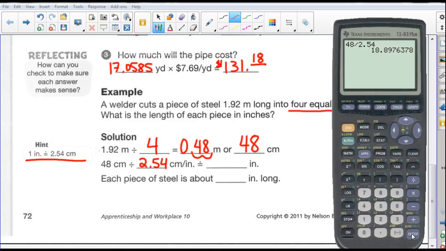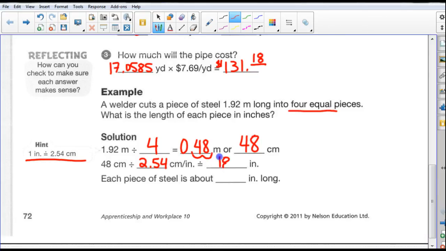We'll say 18.9 inches. Each piece of steel is about, because it's approximate, we use the word about, about 19 inches long. Okay, so simple calculations to do using decimals. Go ahead and try the practice.